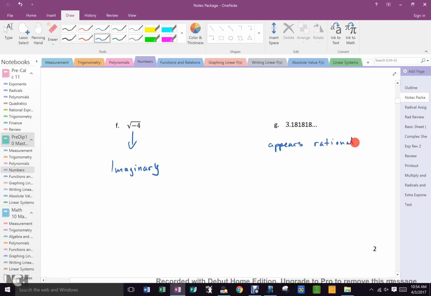Why? Because 1, 8, 1, 8, 1, 8, 1, 8. It appears rational. What might happen at the 9,000th decimal place? There might be a 7. Understand? It appears rational, but we can't be sure. Is everybody cool?